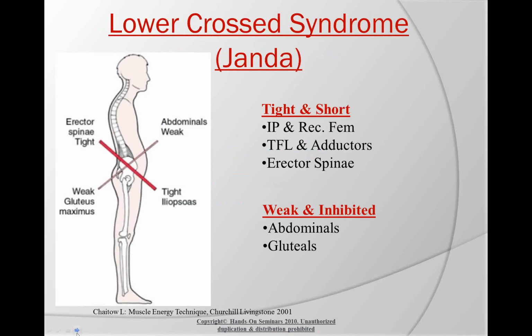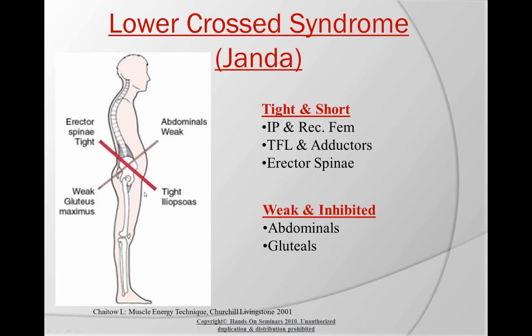The lower cross syndrome will include tight and short iliopsoas and rectus femoris muscles, in other words, the hip flexors, tight and short tensor fascia lata and adductors of the hip, as well as tight erector spinae, while at the same time we're going to have weakness of the abdominals and the gluteal musculature.